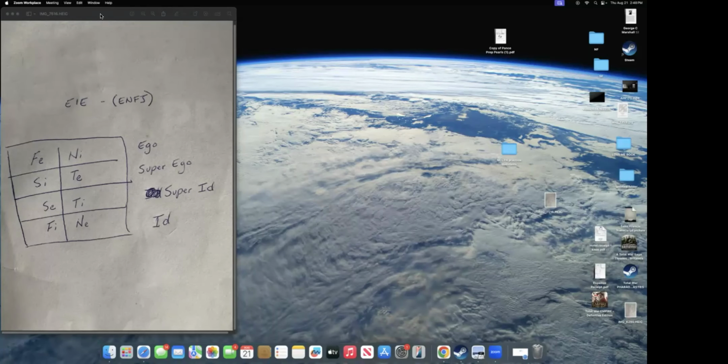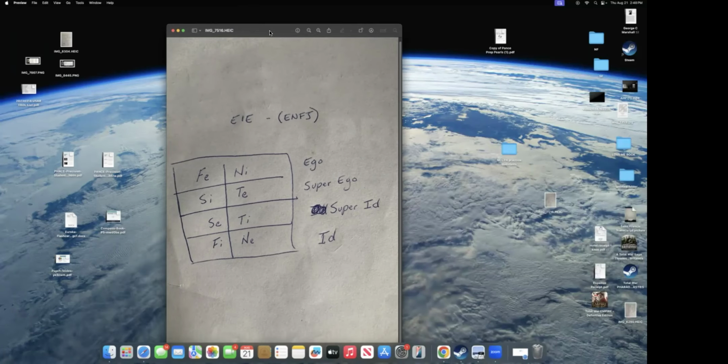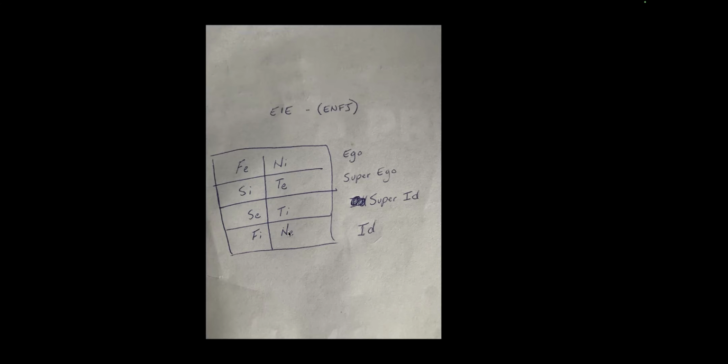All right. Look at that. So coincidentally, I had an ENFJ thing on my screen. I don't know why. I must have been thinking about doing something ENFJ. Anyway, this is your basic Model A standard breakdown for an ENFJ or an EIE.